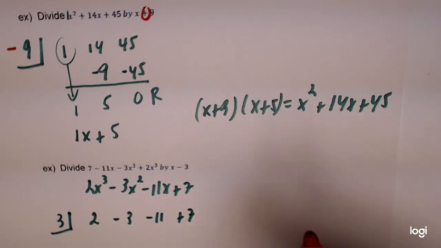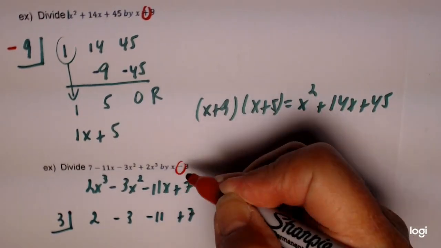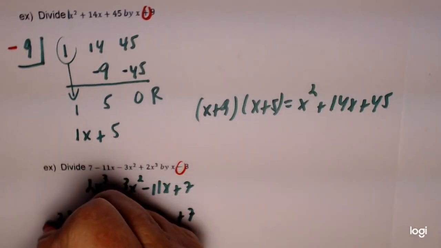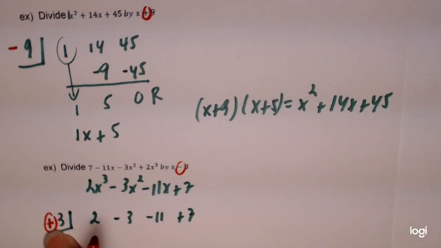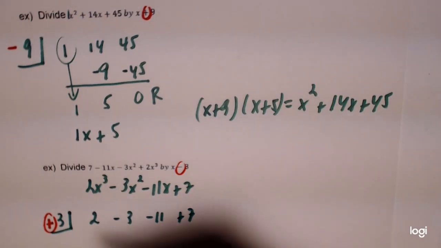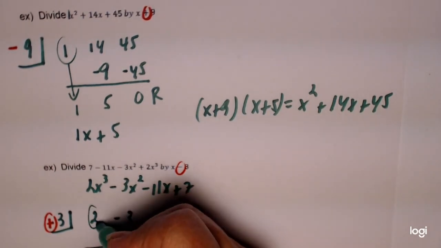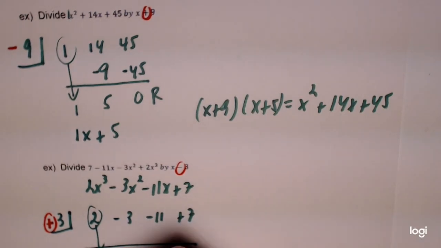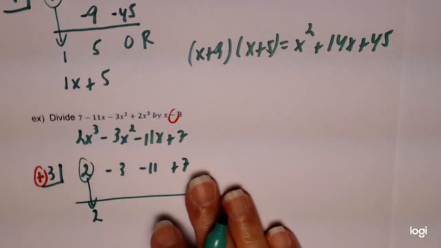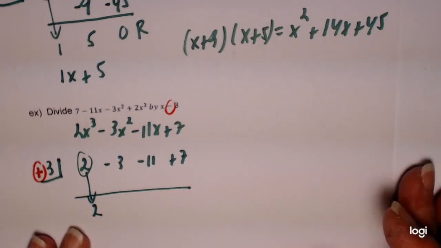Very important: this was minus 3, so we have to change this sign here to be plus 3. And now we make our line.